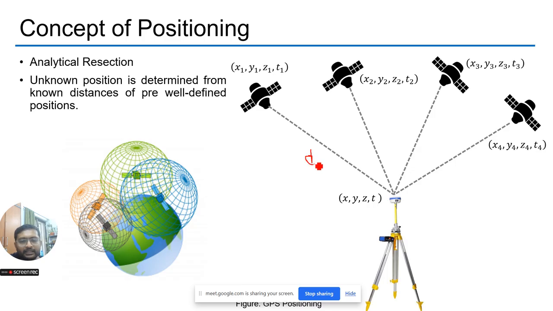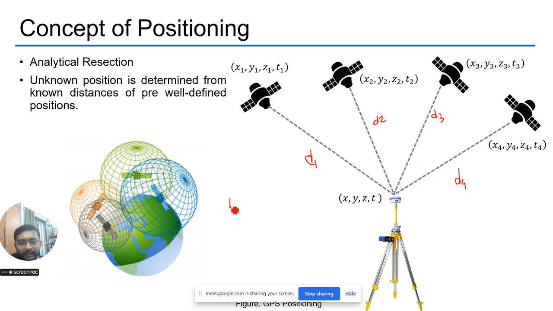How will we get that? Multiplying delta t with the speed of light. For satellite number 2, the distance will be d2. Here it will be d3 and here it's d4. Now if we know the distance, we can apply the distance formula.